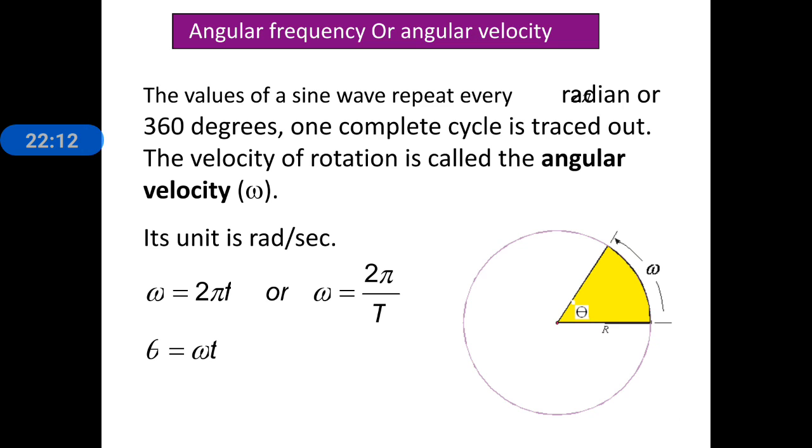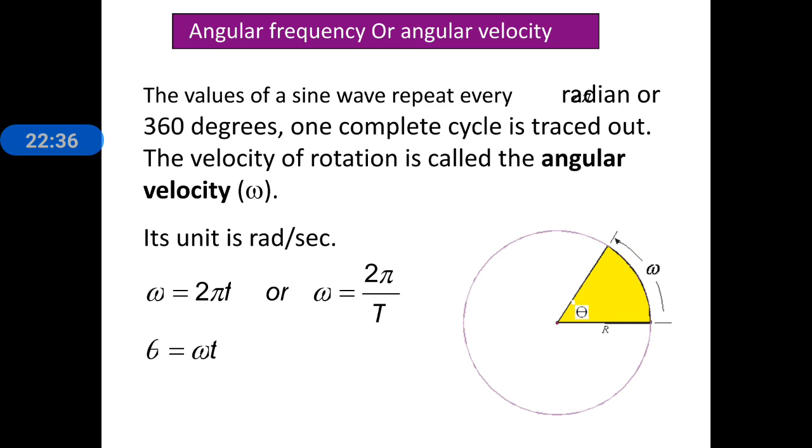Angular frequency or angular velocity. We already discussed that the rotation of the coil is 360 degrees for one rotation, and we take how much time is taken for one rotation, which is also the time period.